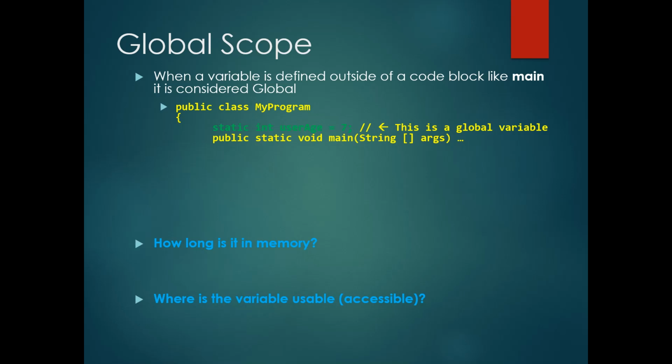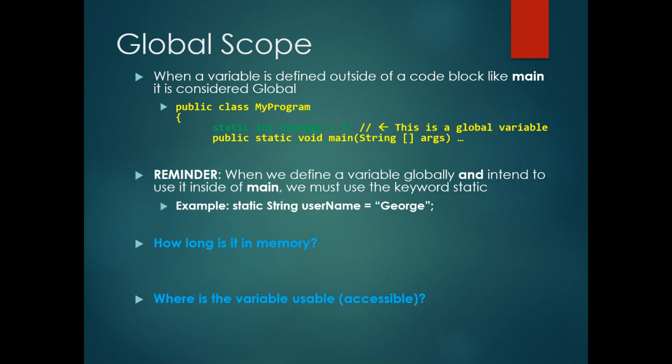Now, how long is a global variable in memory? It's in memory for the entire life of the program. It never leaves. When the program ends, that's when it's finally deleted. In terms of where is it usable? Literally everywhere in the program.